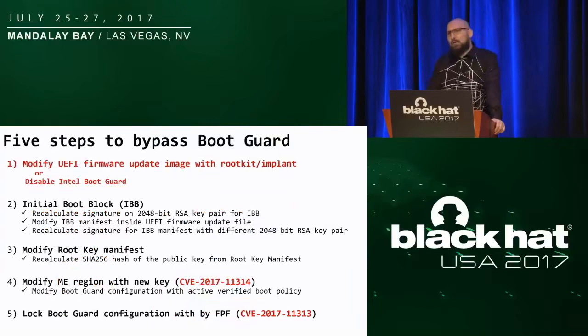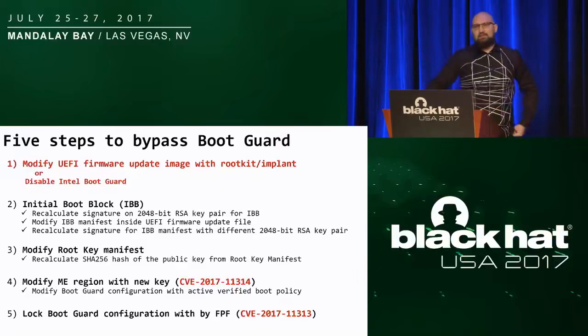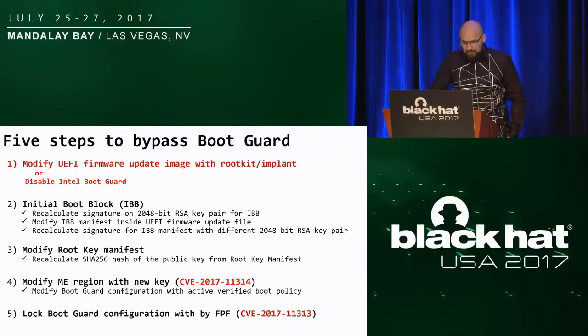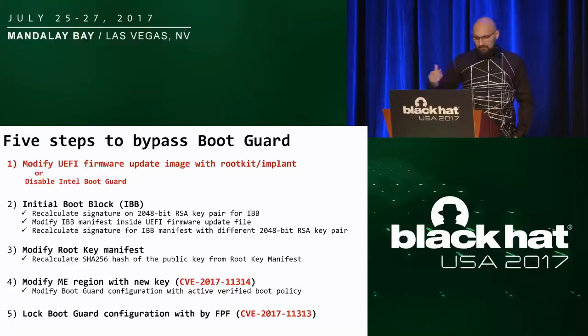Okay, how can we bypass Boot Guard? I actually discussed it already: we need memory management read and write to be able to check and modify the programming fuse if it's not being programmed already. And also, we already recovered all the manifests and all the key structures for all the main components.